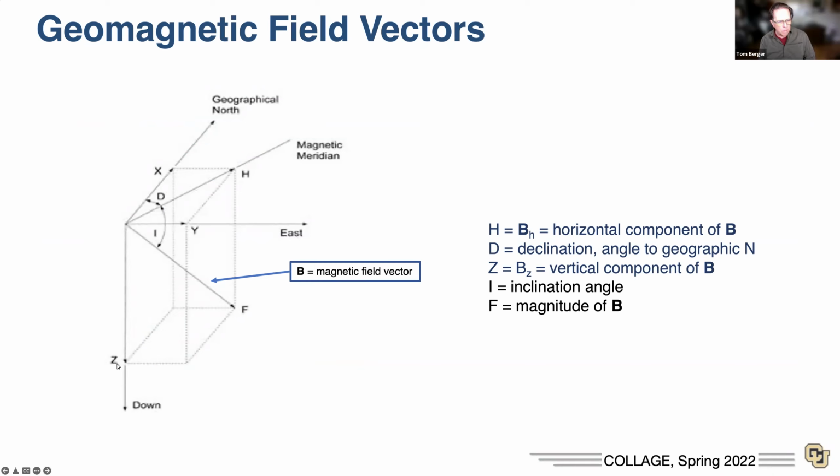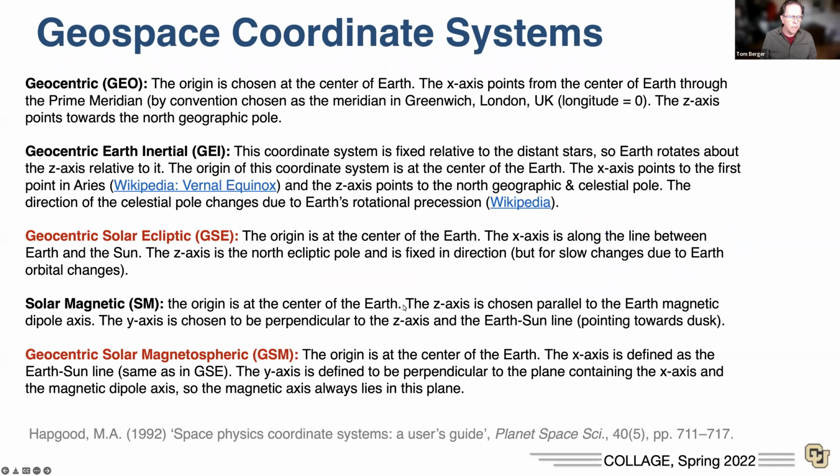And then the BZ, or the downward vector for a geomagnetic field, together with the horizontal field, forms the full magnetic field vector, whose magnitude is denoted by F. So you'll sometimes see these funny things for H, D, Z, and F in terms of magnetic fields on the Earth. H is horizontal, D is the declination angle, the angle away from the north, and F is again the magnitude. So just keep those in mind as you see some of the plots later.